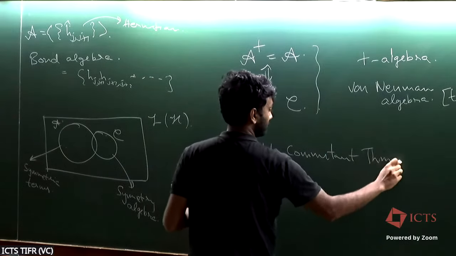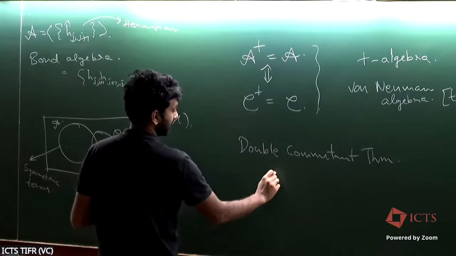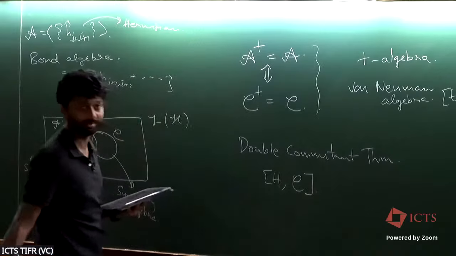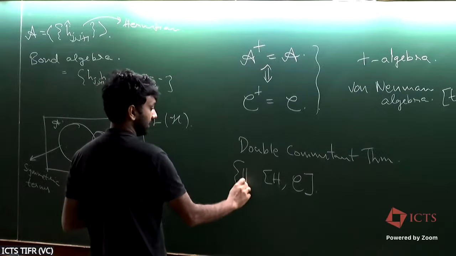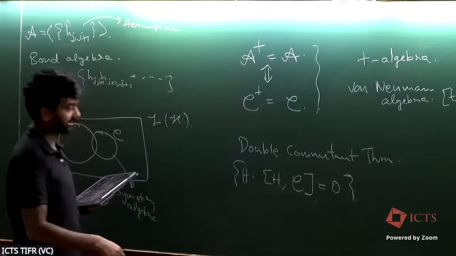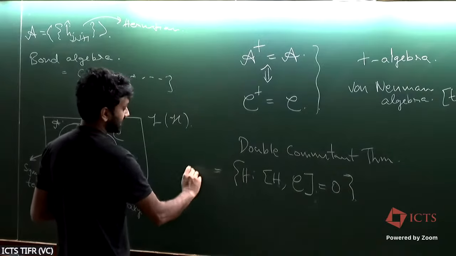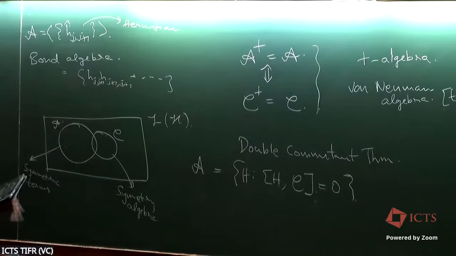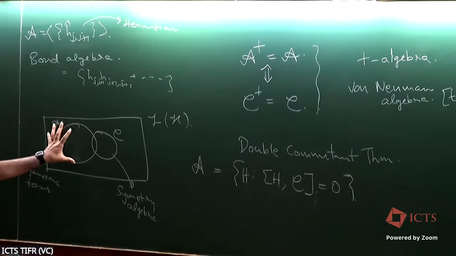So if I compute the operators that commute with the entire algebra C, suppose I define H as the operators that commute with this entire algebra C, this is just the algebra A. Which means that the set of all operators that commute with the symmetry is precisely this algebra A. So this C is the centralizer of A and vice versa.